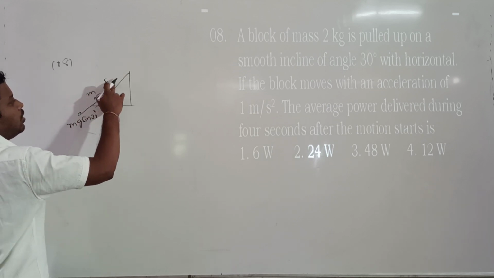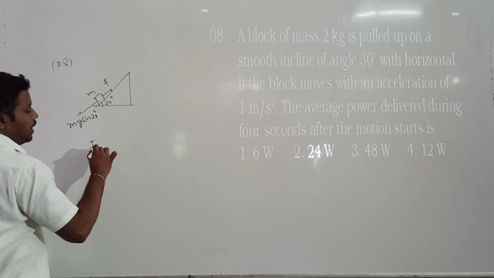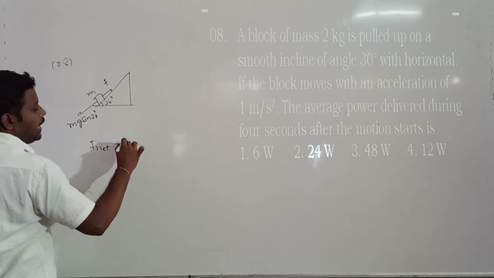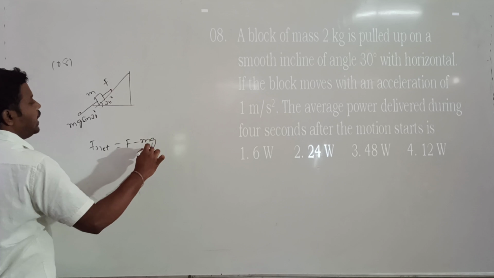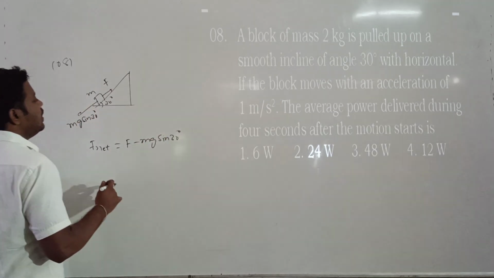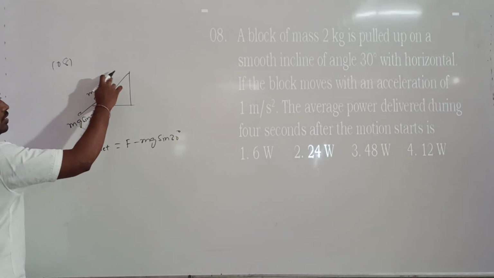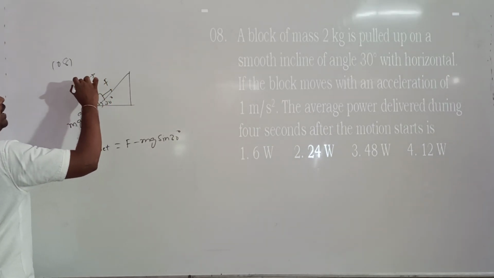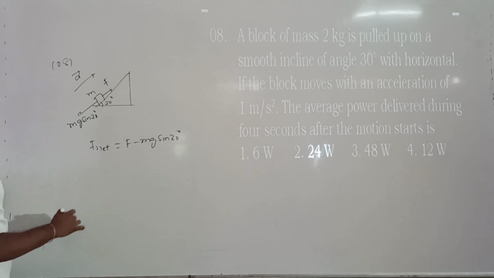Two forces are acting on this block. So what is the net force formula? F net is equal to F minus mg sin 30 degrees. The mg sin 30 is downwards, and F will be upwards. The block is moving upward with an acceleration.